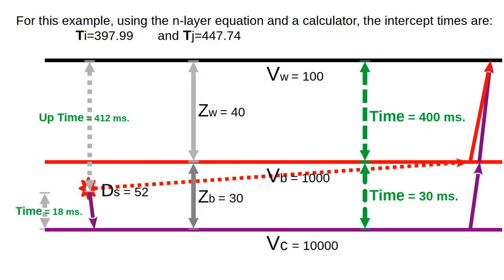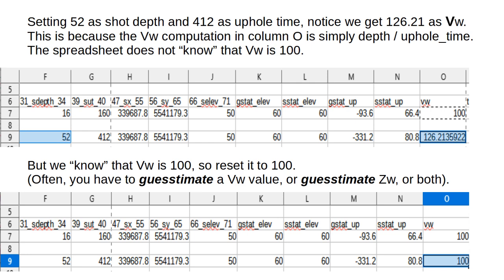For this example, using the n-layer equation and a calculator, the intercept times are 397.99 and 447.74. Setting 52 as shot depth and 412 as uphole time, notice we get 126.21 as the top velocity. This is because the VW computation in column O is simply depth divided by uphole time.